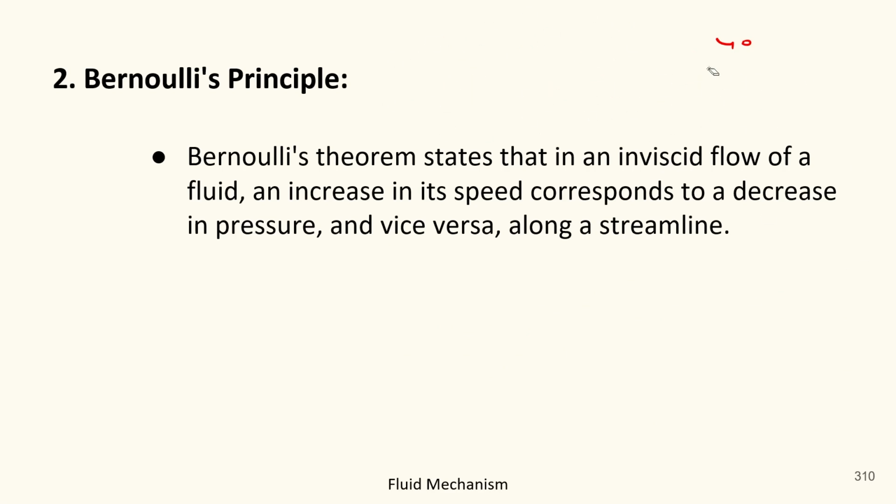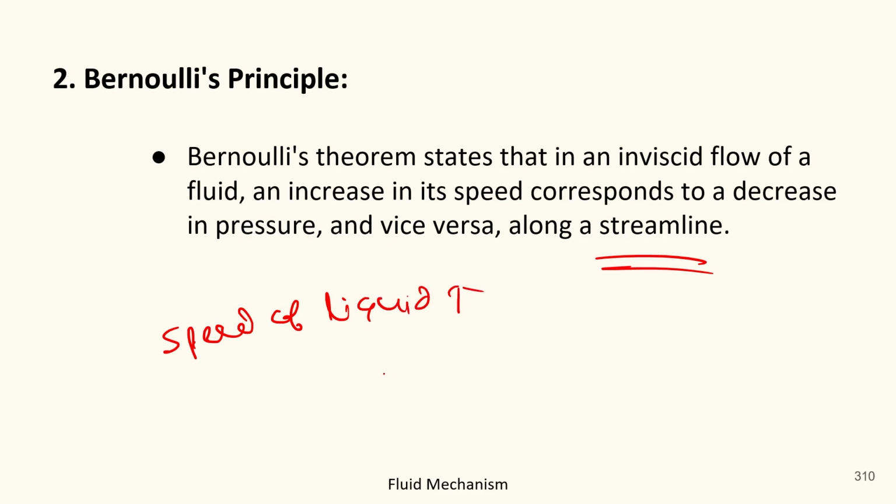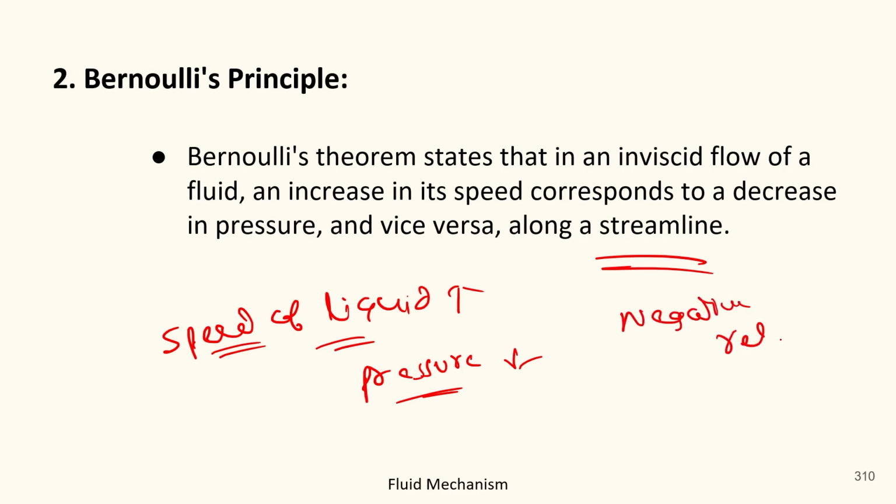So basically when the flow is streamline, if the speed of liquid increases, then the pressure will decrease. So there will be a negative relationship between the speed of liquid and the pressure.